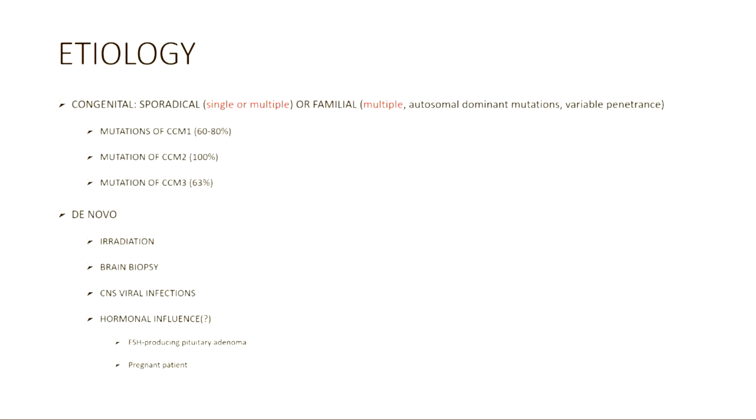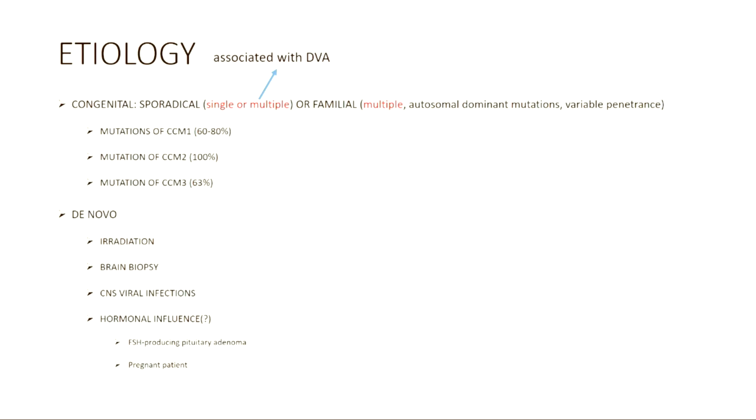Familial forms are multiple and are due to one of three germline autosomal dominant mutations with variable penetrance. But they can also be de novo and associated with irradiation, brain biopsy, CNS viral infection, and have also been described associated with functioning pituitary adenomas and in pregnancy.